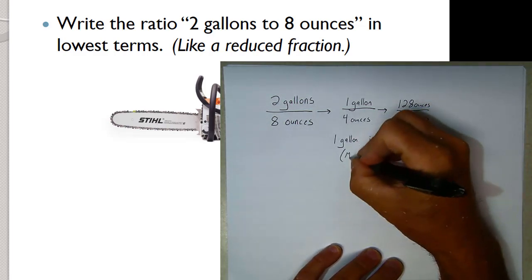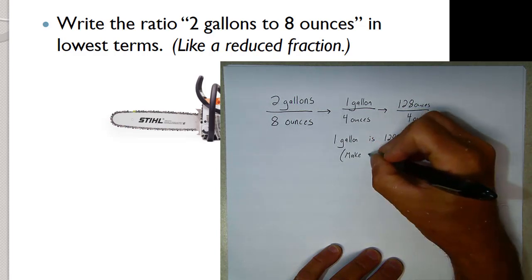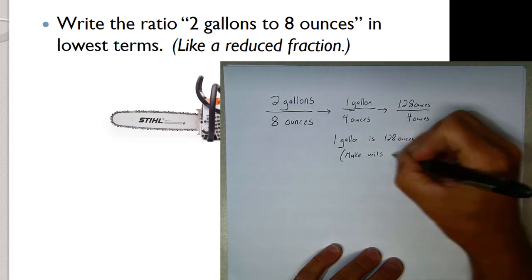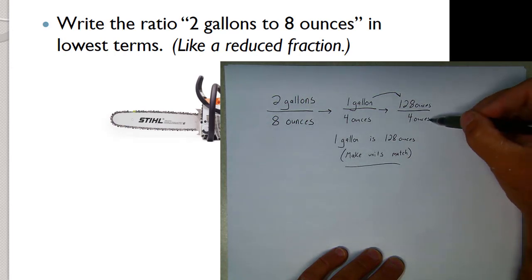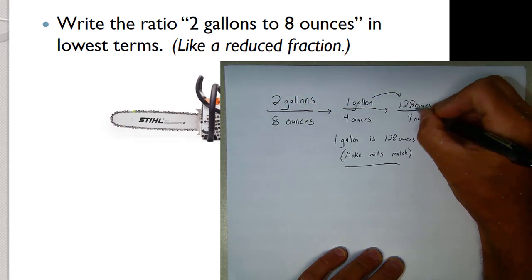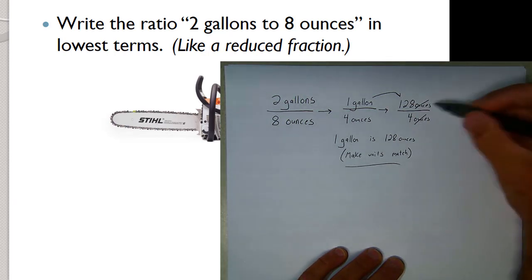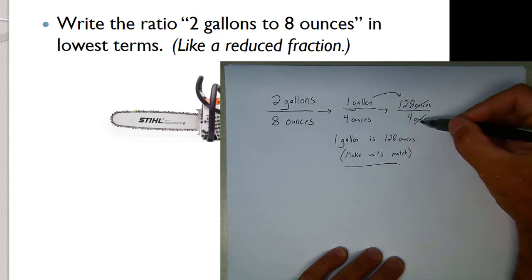And we did that because we want to make the units in a ratio match if it's possible. Now, can we reduce 128 ounces over 4 ounces? We can, and just like we've seen a few times now, the units of ounces cancel, so we really just have 128 over 4 with no units at all.